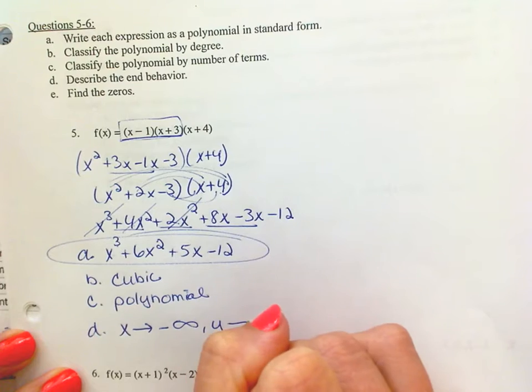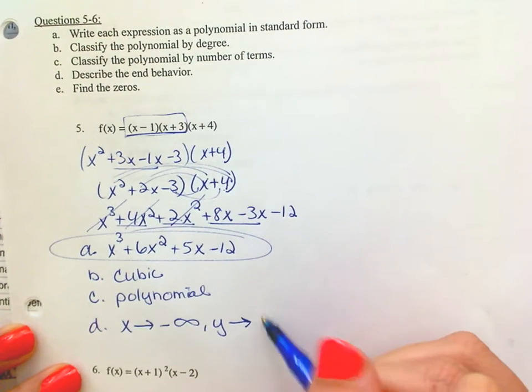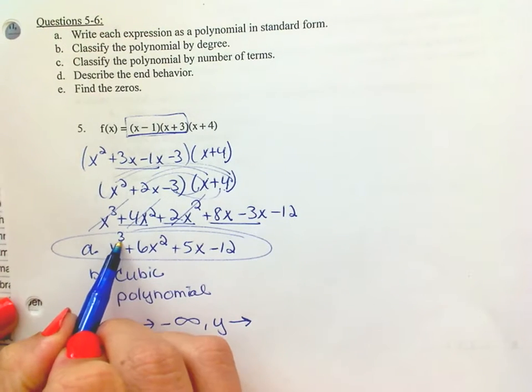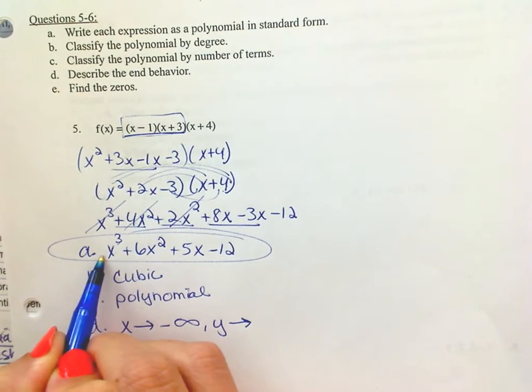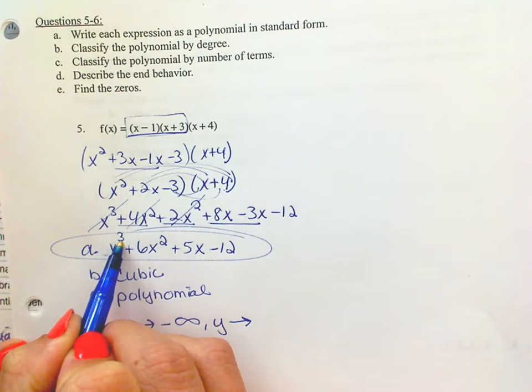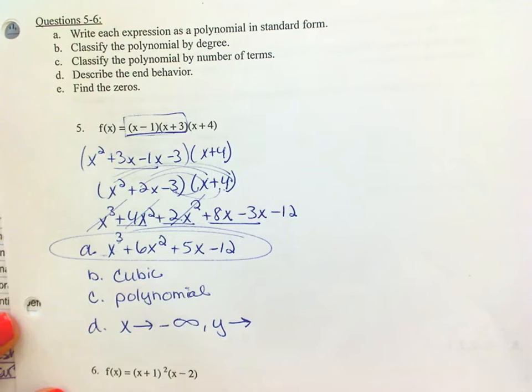Your y. So the question is it going up forever or down forever? So if you remember, if you have a positive coefficient here, there's no negative, so it is positive. And if you have an odd degree, it's going to overall be going up and to the right.